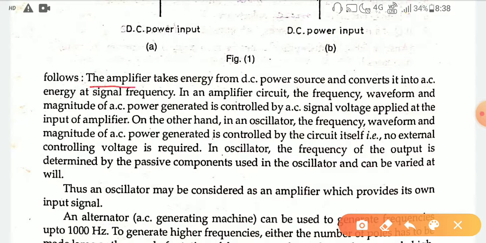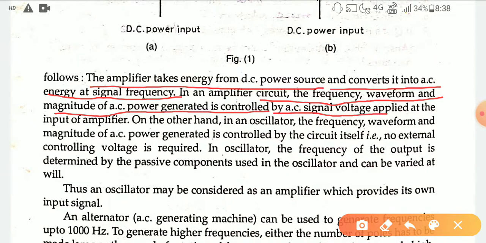The amplifier takes energy from a DC power source and converts it into AC energy at a single frequency. In an amplifier circuit, the frequency, waveform and magnitude of the AC power generated is controlled by the AC signal voltage applied at the input of the amplifier.